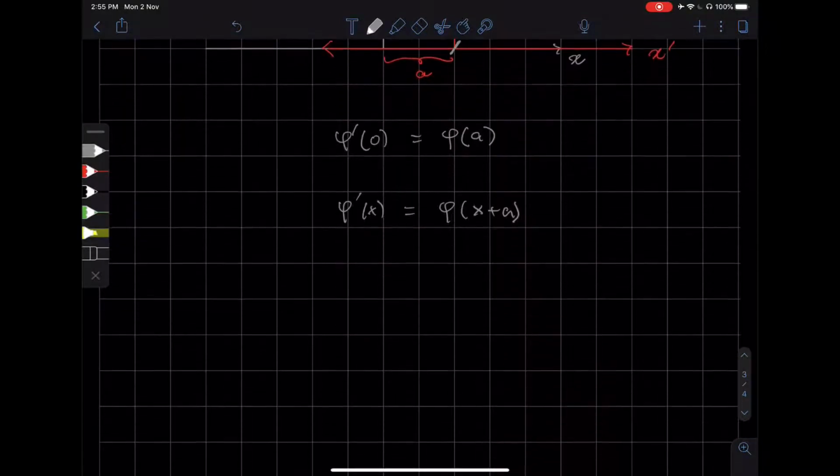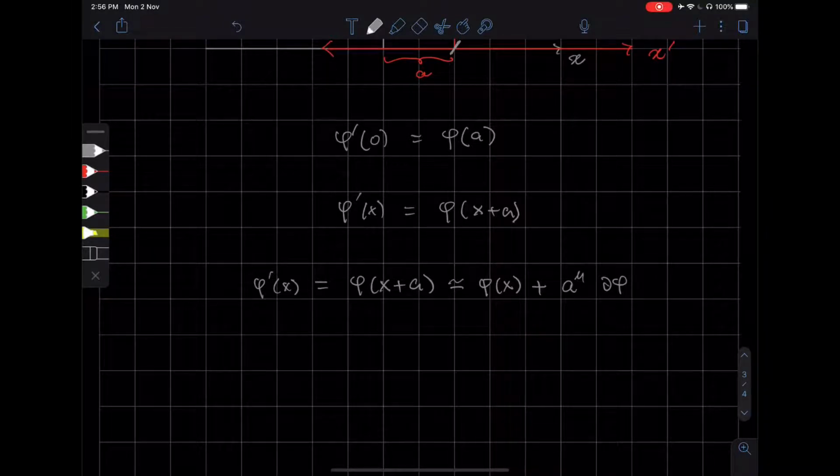Now, let's take a to be very small. If a is very small, we can expand phi prime of x as a power series in a. So if a is infinitesimal, the leading term is just phi of x, and then we get a mu del phi over del x mu.